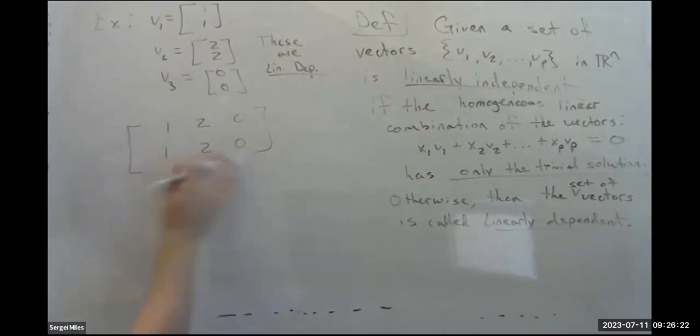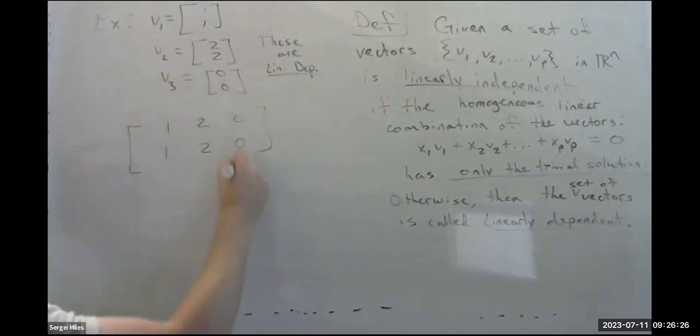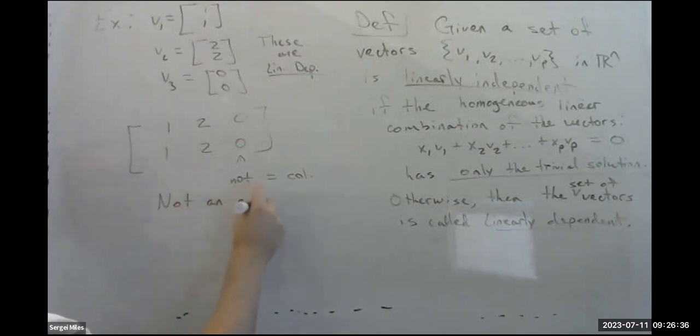In this case, we don't know anything about setting it equal to anything. This is not the equals column, so this is not an augmented matrix. Okay, so we can't say anything about whether the system is consistent or inconsistent. Those are terms which only apply to augmented matrices. Okay, good.